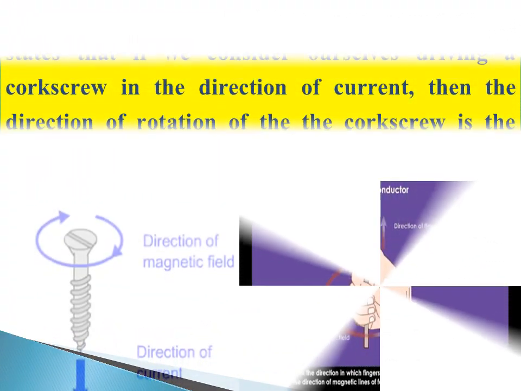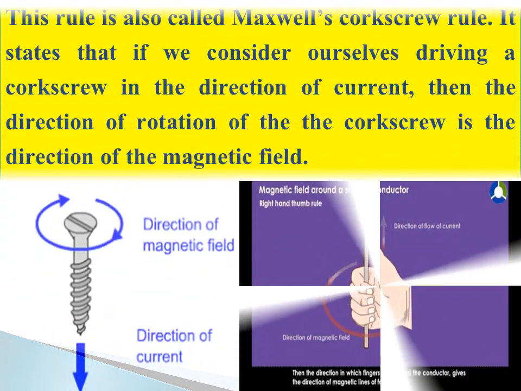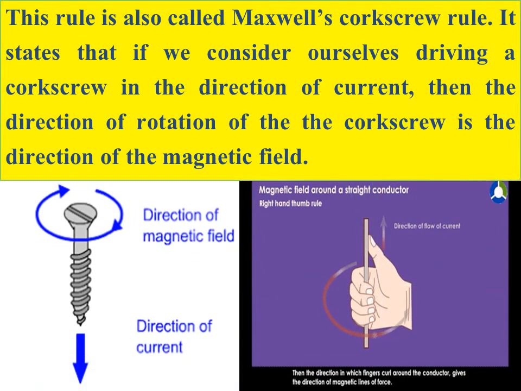Children, you have seen that the direction of the magnetic field produced by a current carrying straight conductor is given by the right hand thumb rule. This rule is also called Maxwell's corkscrew rule. It states that if we consider ourselves driving a corkscrew in the direction of current, then the direction of rotation of the corkscrew is the direction of the magnetic field.